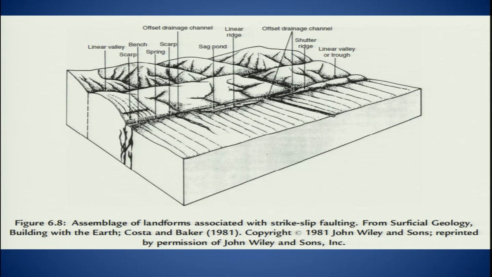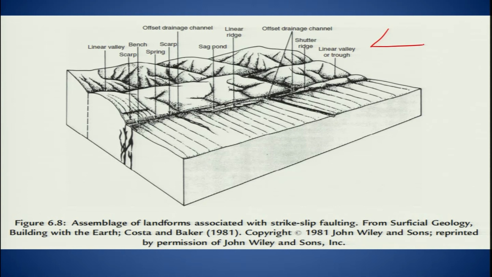So the landforms, basically what you will come across along the strike slip fault, those are the geomorphic signatures. Okay. So mostly in the thrust fault and the reverse fault, you will be able to see the formation of scarps. Okay.